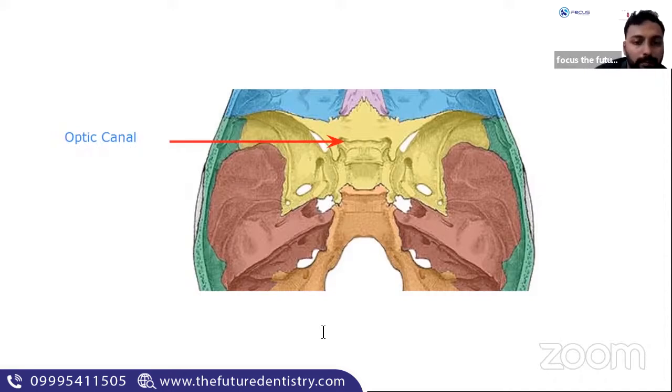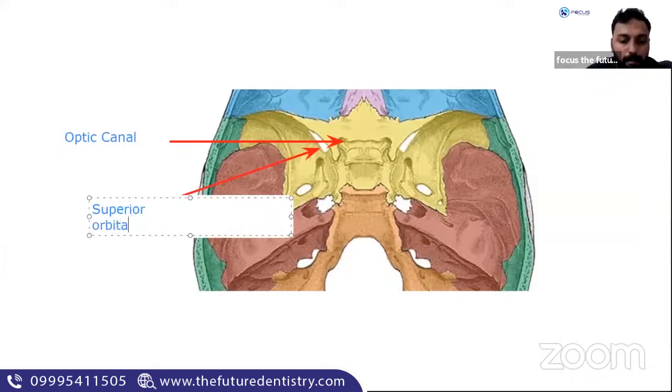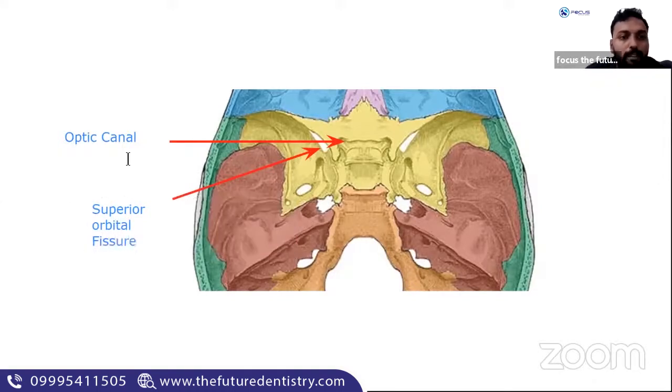Then you have a fissure here, the superior orbital fissure, which opens into the orbital area again. I'm just going through the structures.